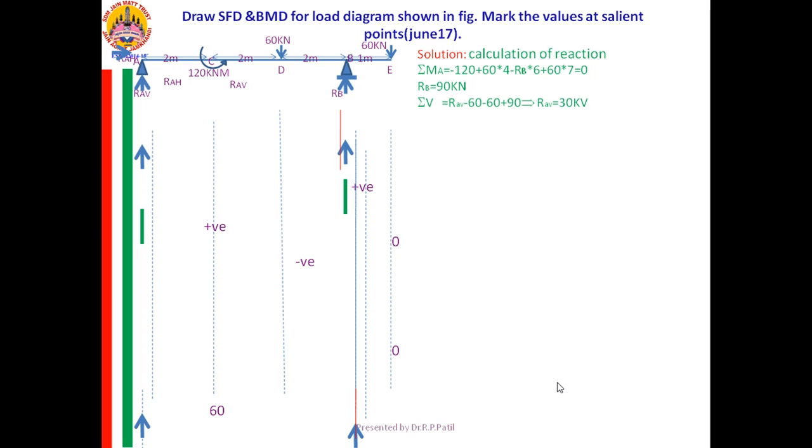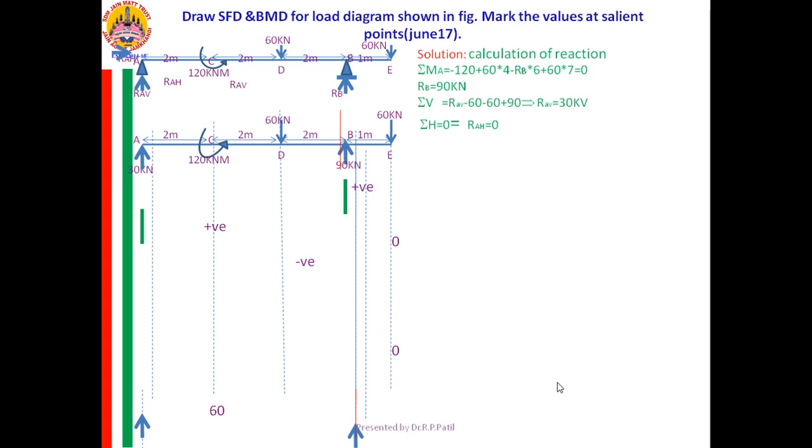So RAV minus 60 plus 90, because both 60s are in downward direction and RB is in upward direction. Make the total equal to 0, you will get RAV equal to 30 kilonewton. Hence I got all the forces. Just mark them. So finally the beam will appear like this.